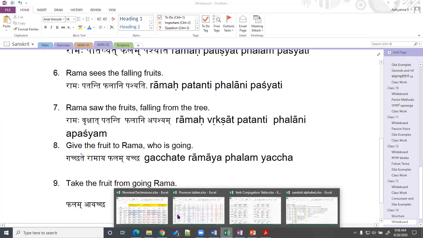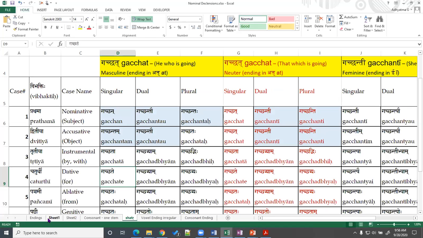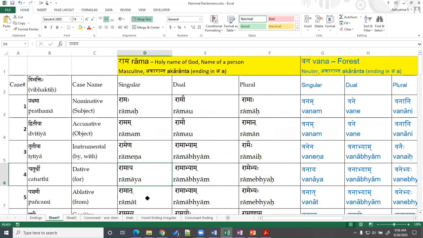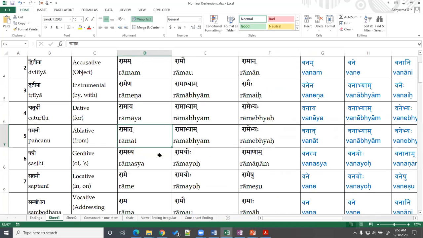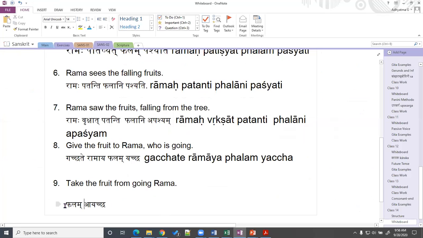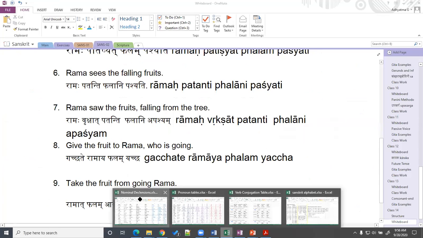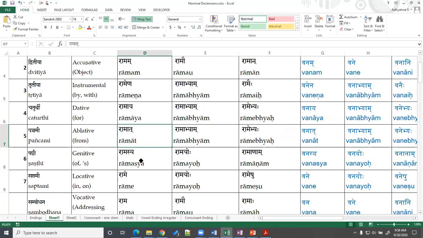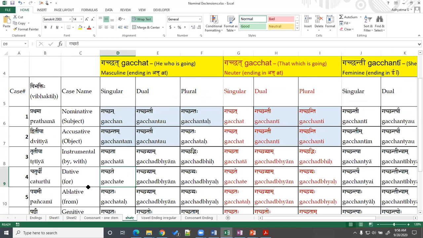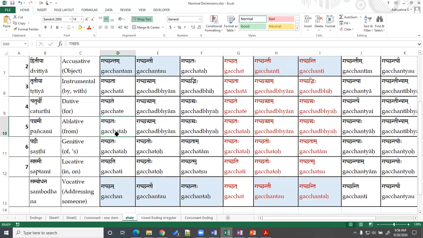So that is the fifth case. You remember, Ramat, that is the fifth case. So Ramat phalam ayacha, and now we have to use the one who is going, which is gacchataha, fifth case singular.